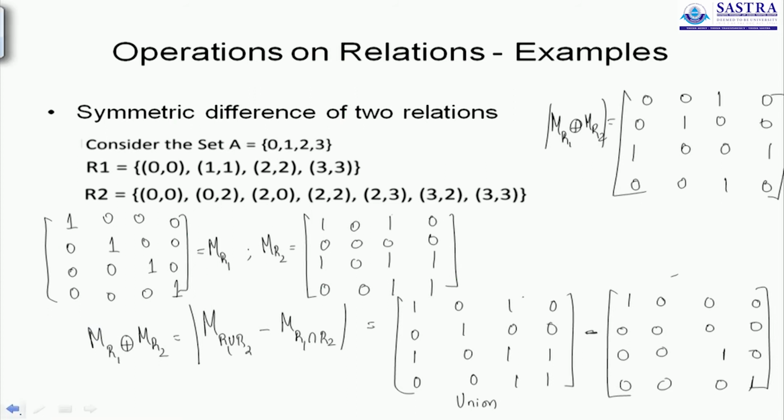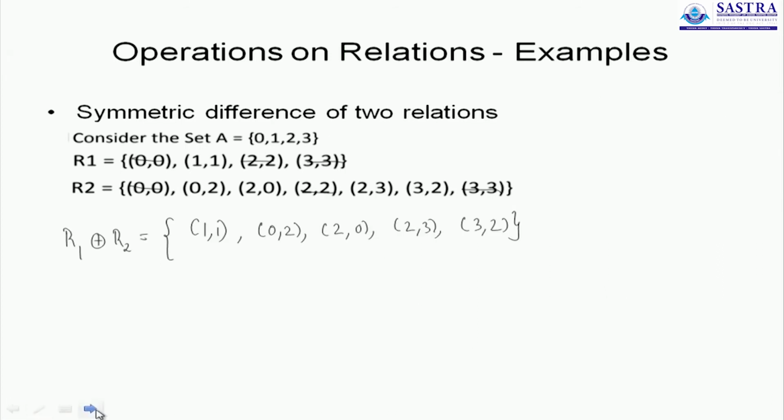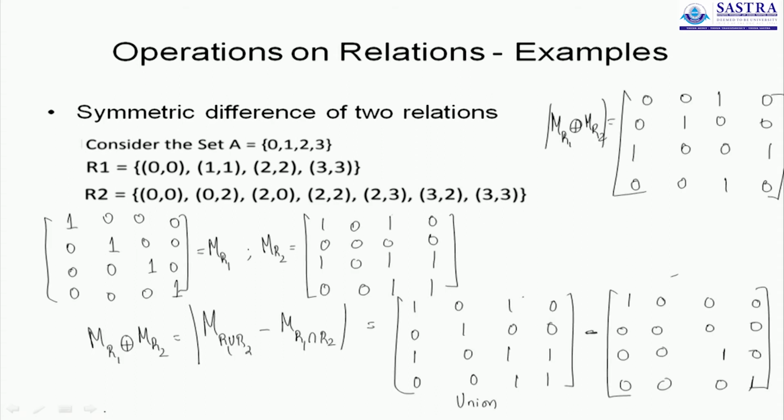Only 5 pairs, and we wrote all the 5 pairs here. If you wish, you can cross check. The 1 1 is a 1, 0 2 is a 1, the 2 0 is a 1, the 2 3 and the 3 2 are 1s. We have the same ones even here. The symmetric difference can be obtained by directly subtracting the corresponding matrices of the union and the intersection. This way, you can also perform the operation called symmetric difference only using the matrices.